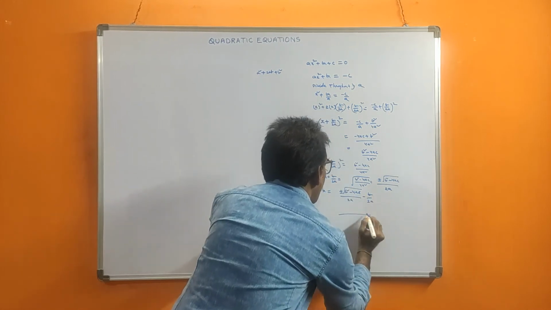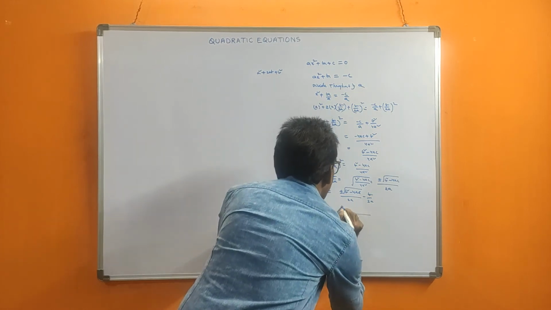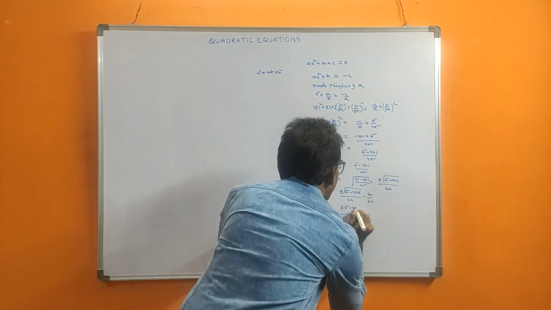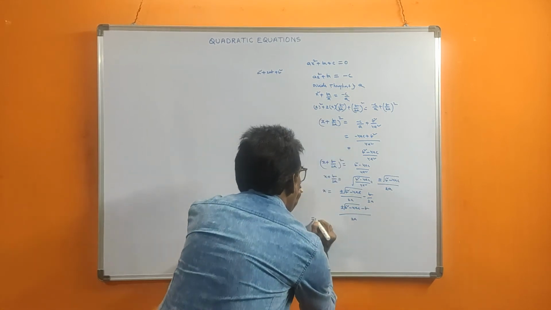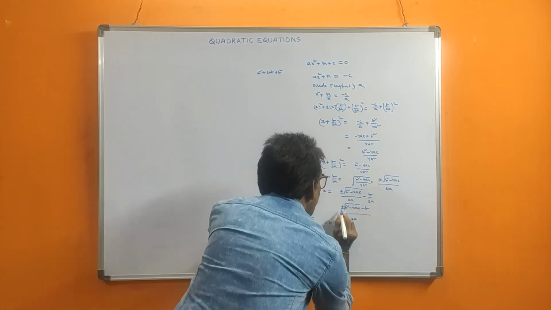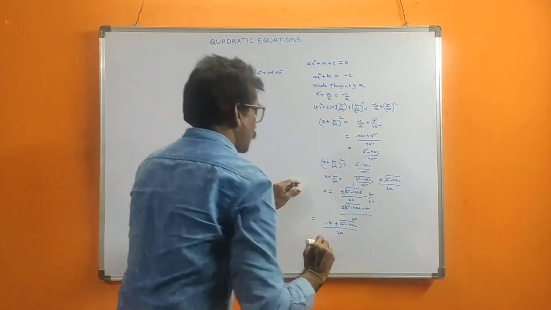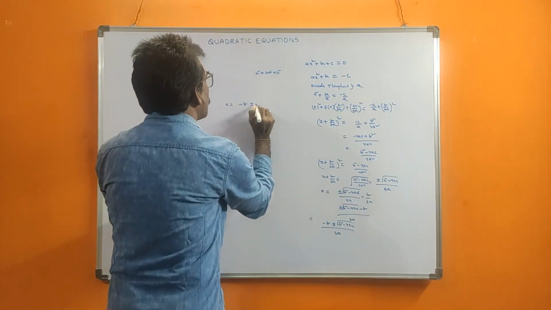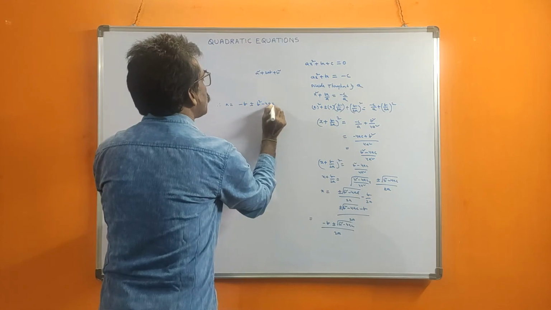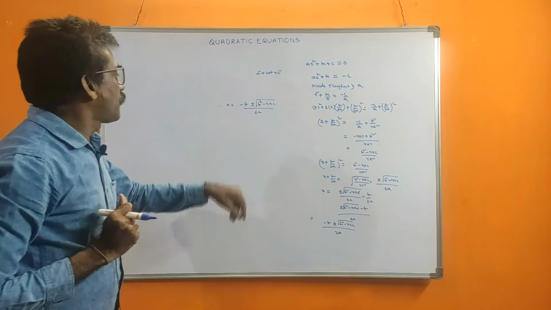With 2a as the LCM, plus or minus root of b square minus 4ac, minus b. For simplification, write minus b first. Therefore x is equal to minus b plus or minus root of b square minus 4ac, whole by 2a. This is the formula.